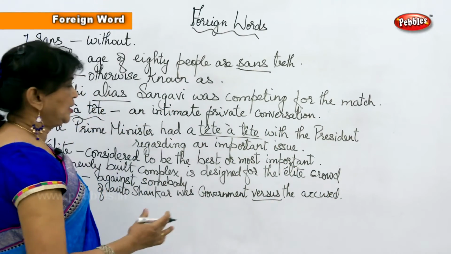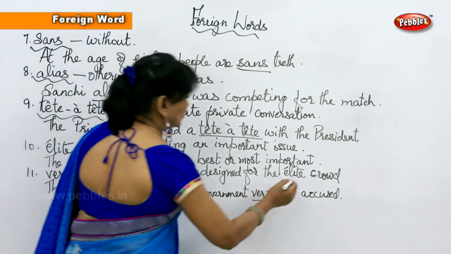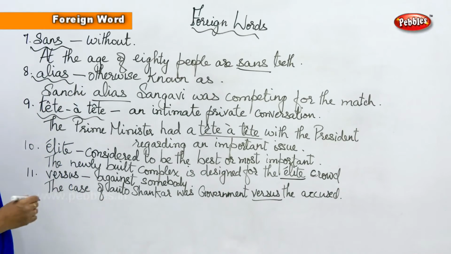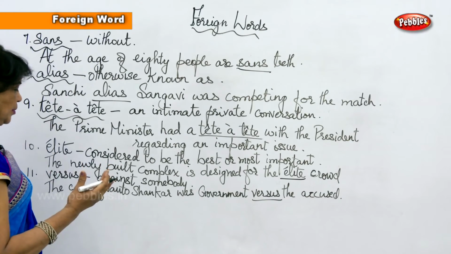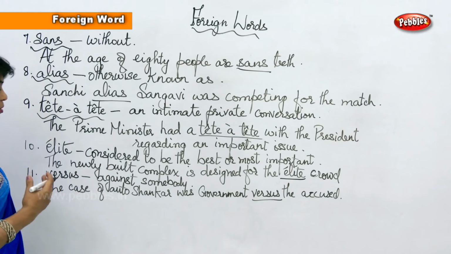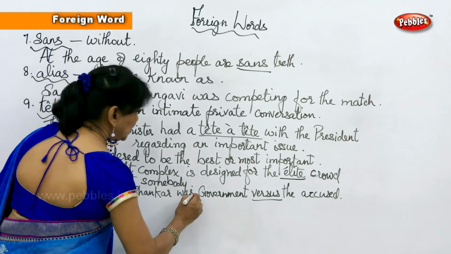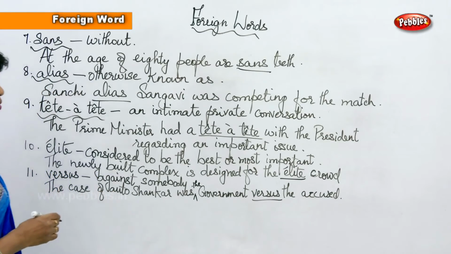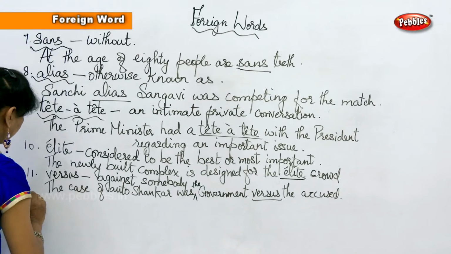Means government against the accused. Okay, do you understand this now? Versus means against somebody. The case of Otto Shankar was the government versus the accused. Okay, means against somebody.